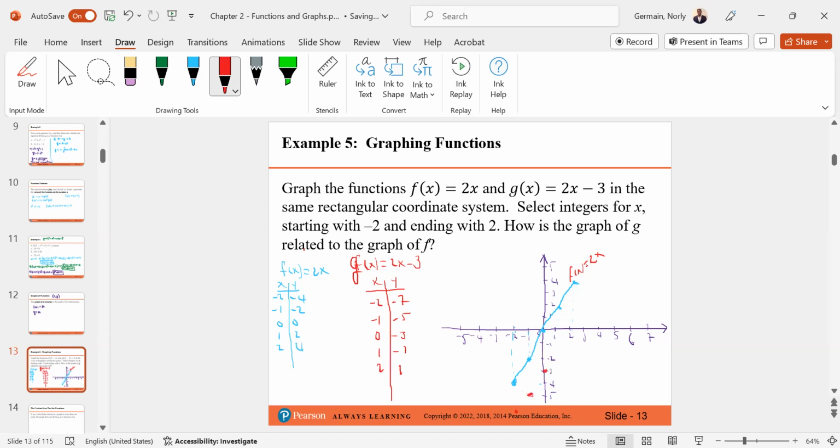When x is 1, y is -1. Okay? And when x is 2, y is 1. So if I graph that line right here, this is it. Of course, I can continue indefinitely if I want, but otherwise, I can leave it like that. So remember, this graph right here is g of x equal to 2x minus 3.